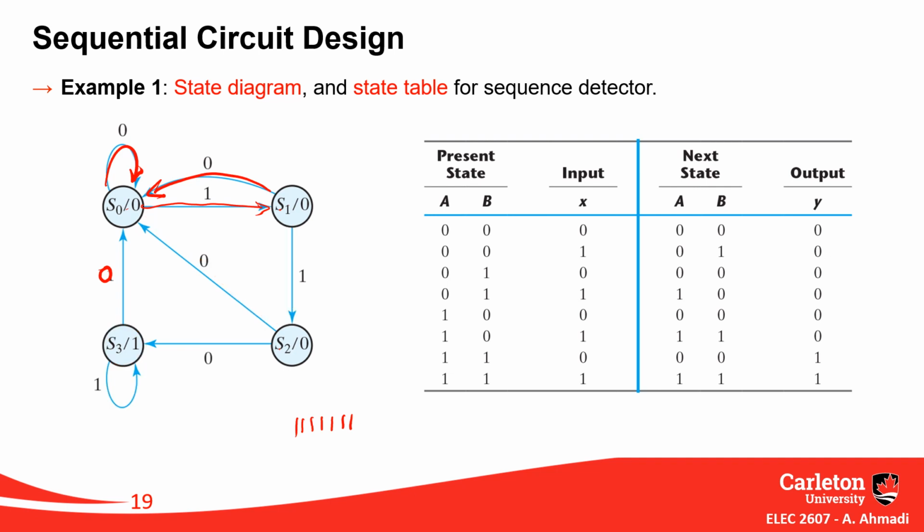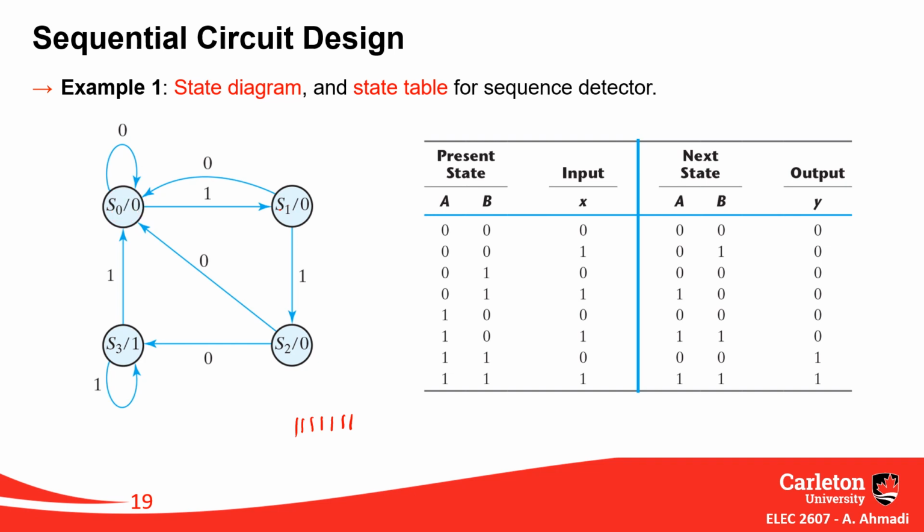First of all, question number 1: is this a Mealy machine or a Moore machine? By looking at the states, we figure that for each state, if I tell you your machine, this state diagram, is in that state, you can right away say what the output is. If it's at state S0, definitely the output will be 0.